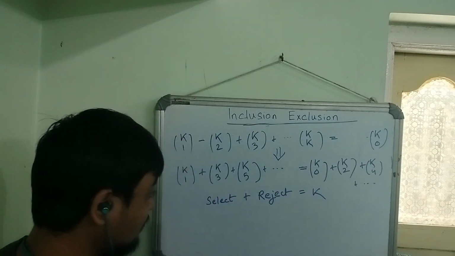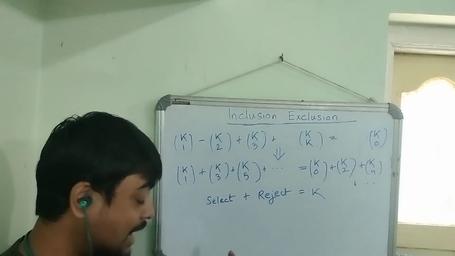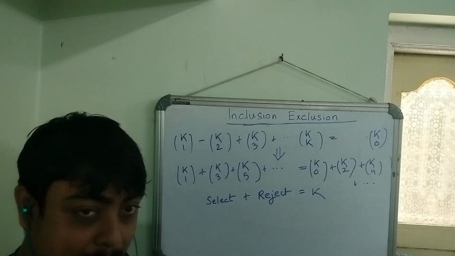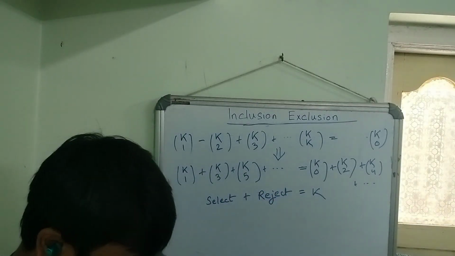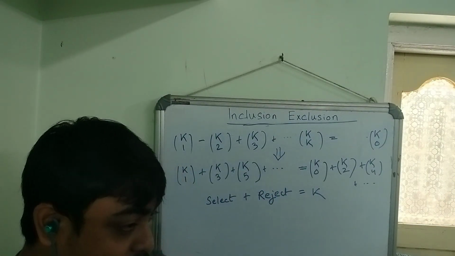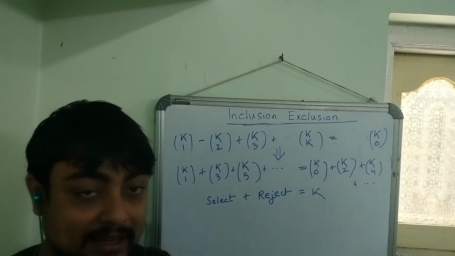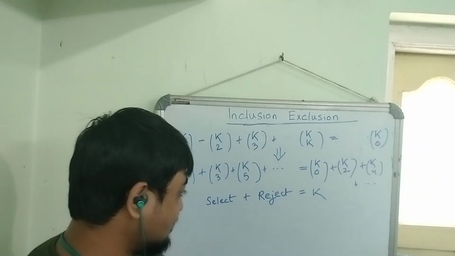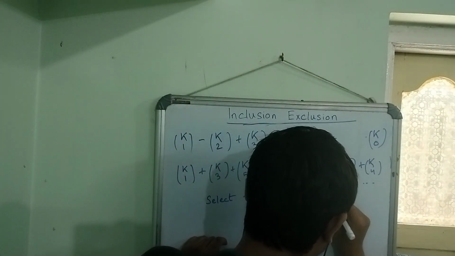You all got it? I am selecting something out of k elements, which means I must be rejecting something. At first, I assume that k is odd. I'm going to deal with the even case later. There are two cases: k is either odd or even. Let's assume first that k is odd.